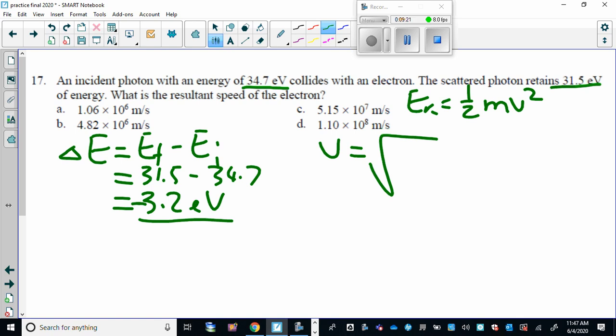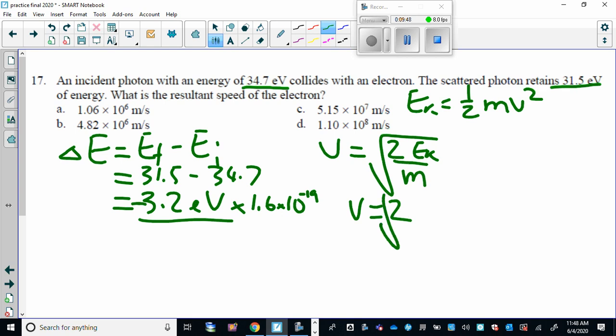Using EK equals 1/2 mv squared, and we're going to solve that for v, and then plug the numbers in. Just make sure when you're using this formula that the EK is always in joules. So first multiply this by 1.6 times 10 to the negative 19 to get the energy into joules, and then stick it in here, and what do you end up getting in terms of joules?